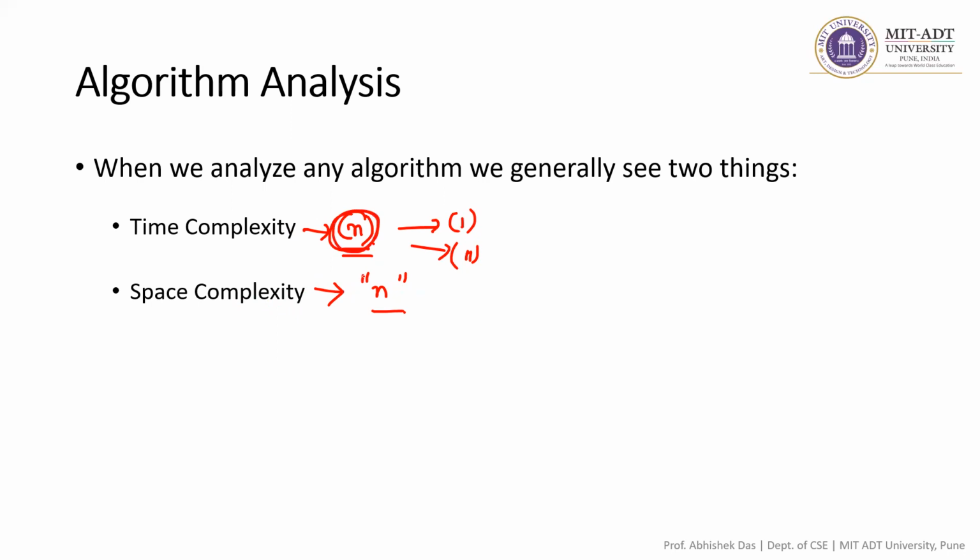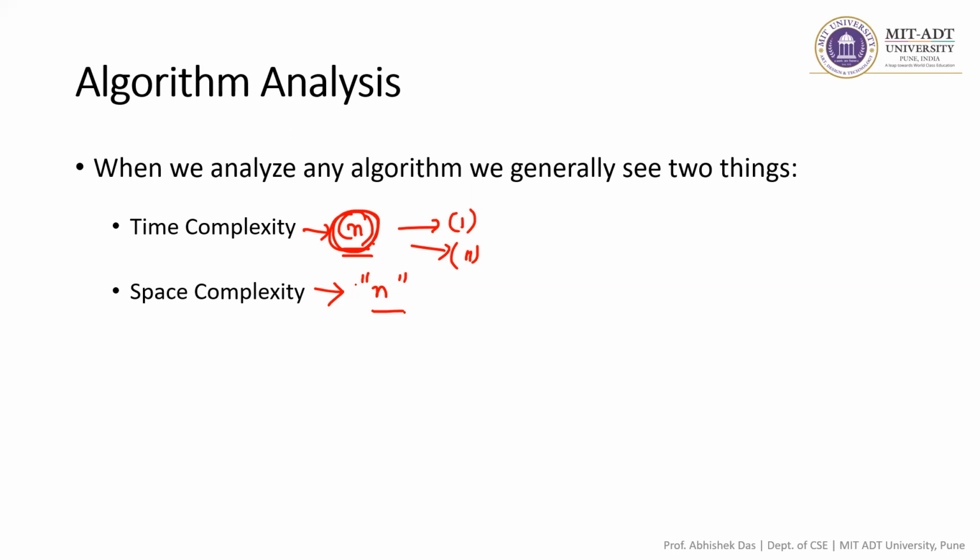Now as you can see, both the time and the space complexities are calculated as a function of the input size n, right? And both of them give the effectiveness measure of a particular algorithm.